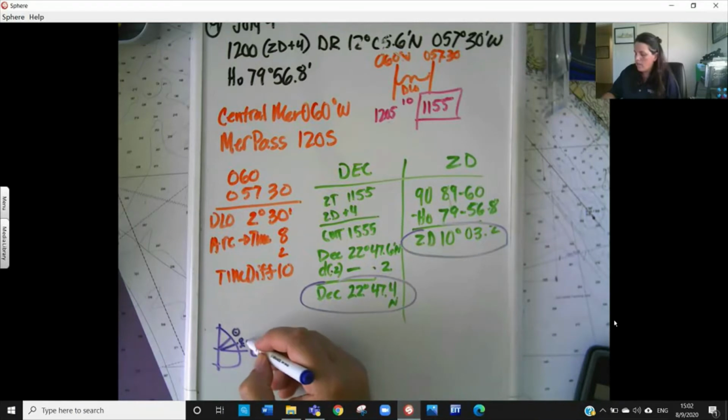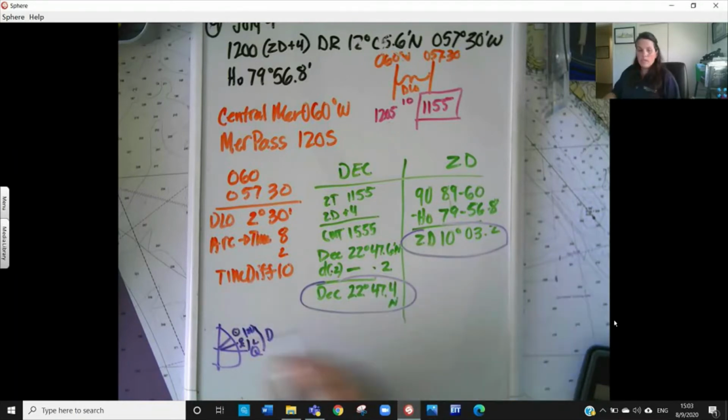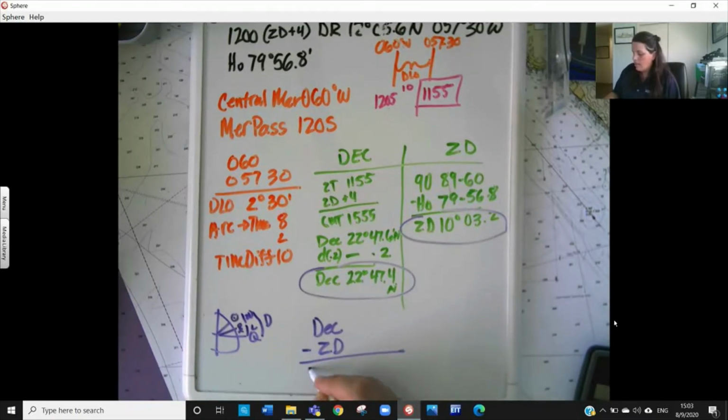So from me to the equator is latitude. From the equator to the body is declination. From the body to me is our zenith distance. So declination minus my zenith distance gives me latitude.